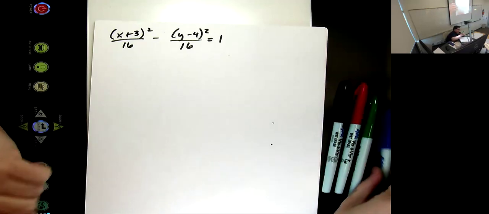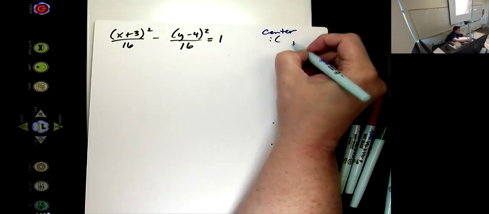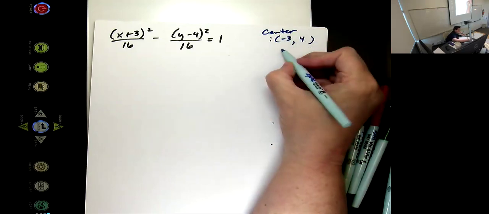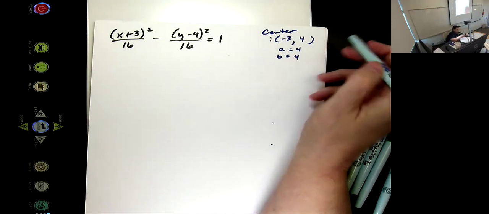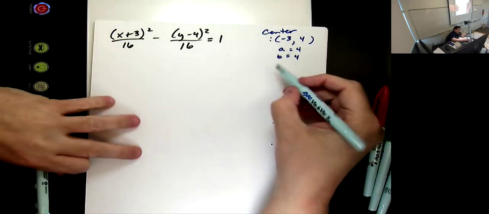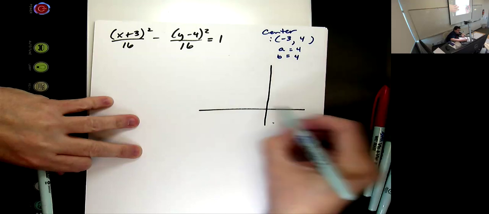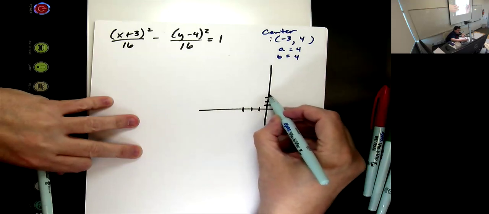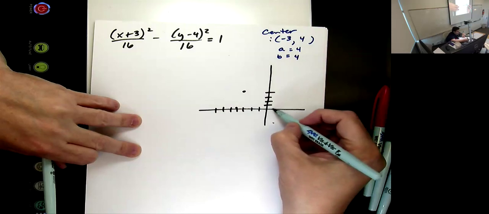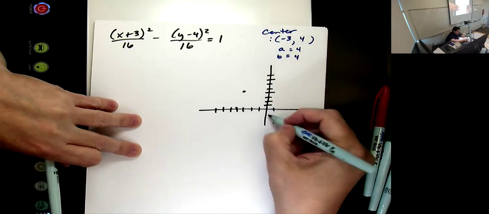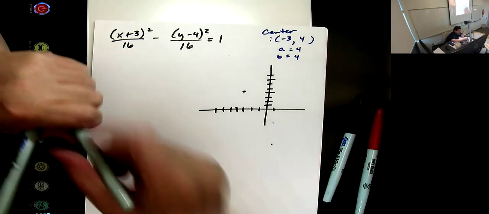All right, so the center is at -3, 4. A and B are both 4. So I'll do my box.